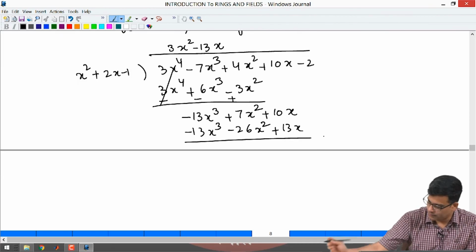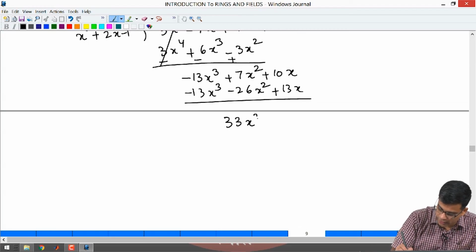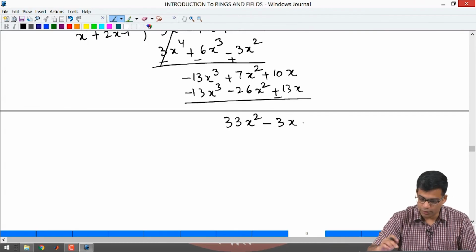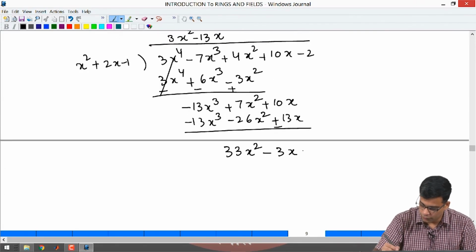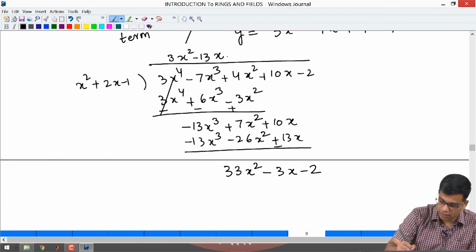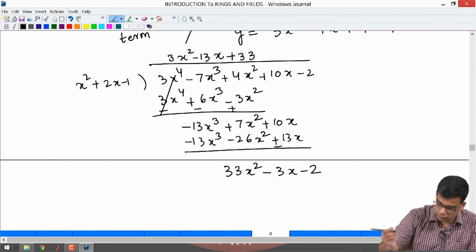Now you subtract again, and what you get is 33x squared minus 3x, and you have a minus 2 from before. So, you write minus 2. Now, you want to cancel 33x squared. So, what you get is just 33.